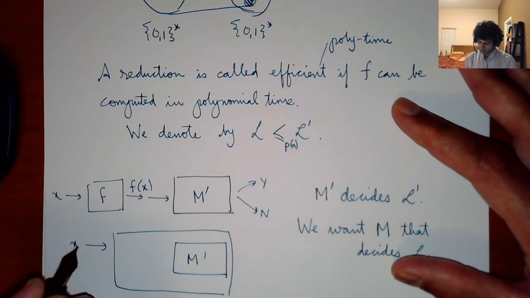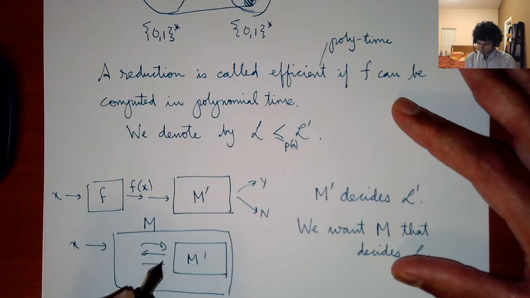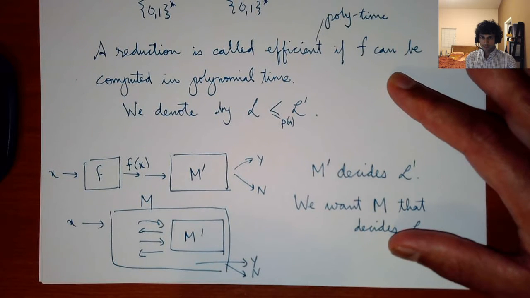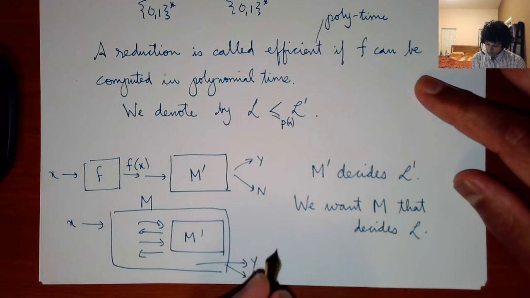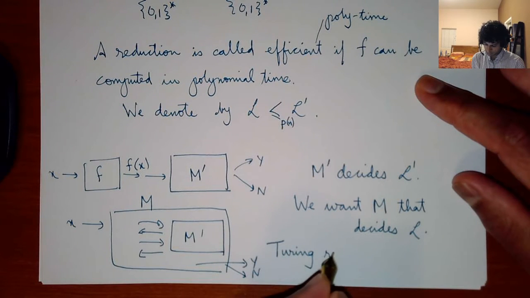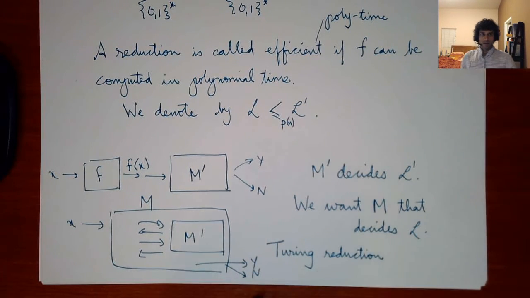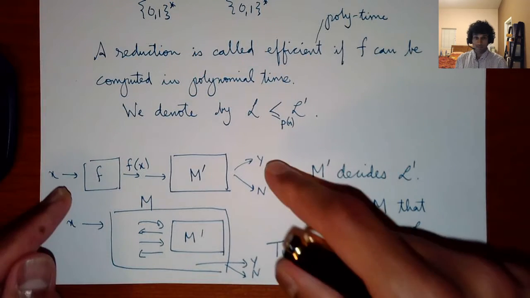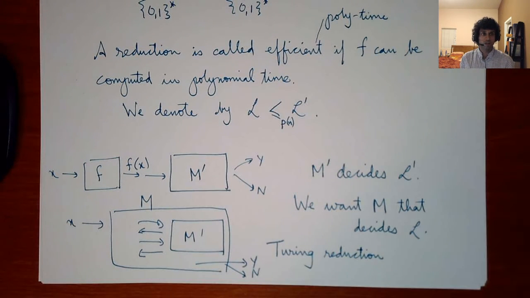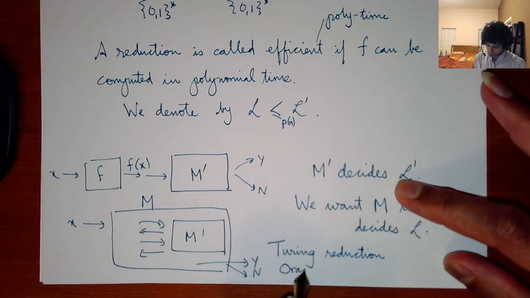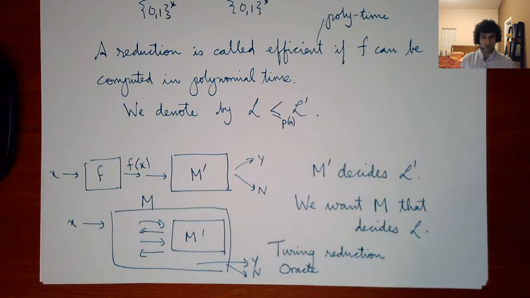M is actually going to make multiple calls to M prime and then output yes or no. This sort of reduction is known as a Turing reduction, sometimes also referred to as an oracle reduction, because you have an oracle: this Turing machine M can use the machine M prime.